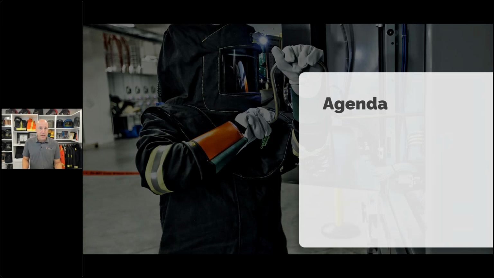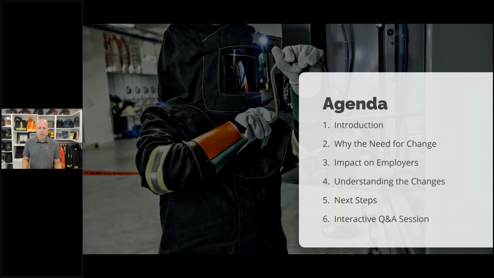The agenda for today's presentation: we're going to go over a quick introduction, which we've already begun. Then why the need for change, and the impact on you, if you're the employer in this scenario. Then understanding the changes that are anticipated in the draft of the 2024 edition of CSA Z462.